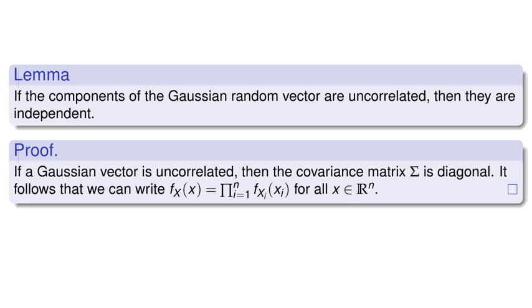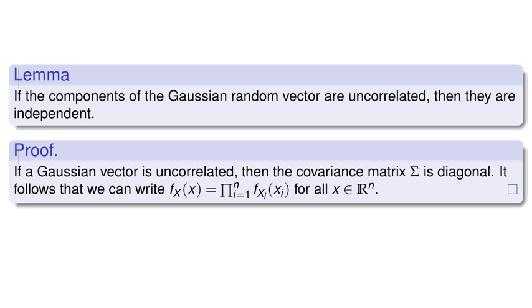The density function f sub x of x then becomes 1 over the square root of 2 pi to the n times the product of sigma i squared, times the exponential of this sum. This expression separates into a product from i equals 1 to n of the individual Gaussian densities, 1 over square root 2 pi sigma i squared times exponential minus xi minus mu i squared over 2 sigma i squared.